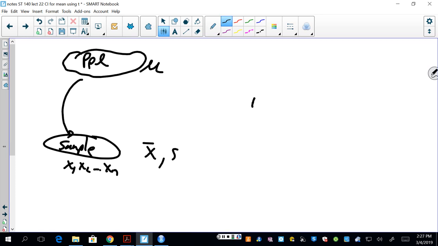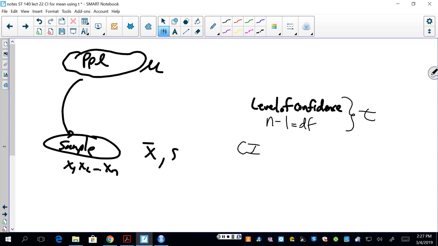Based on the level of confidence that we want, usually 95%, but just to emphasize understanding the tables and things, we might change it a little bit. And n minus 1 is degrees of freedom. This gives us a t-value. And so our confidence interval for mu.